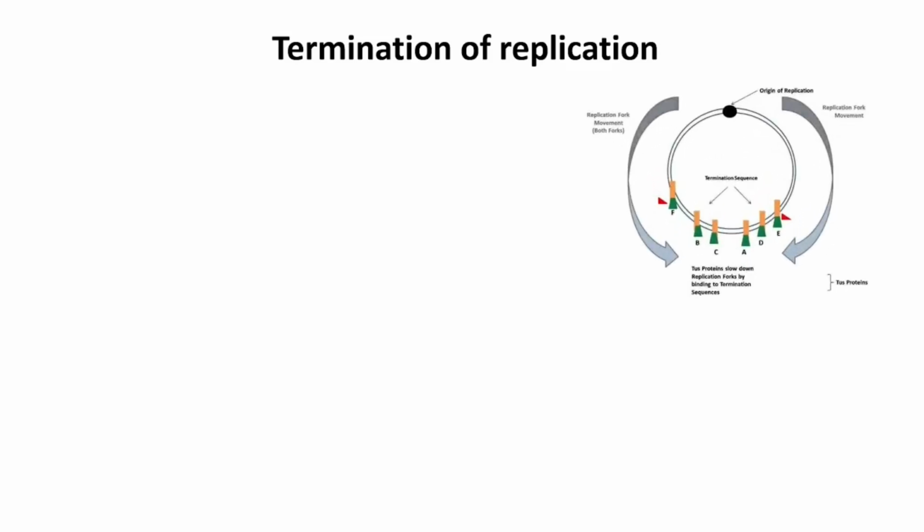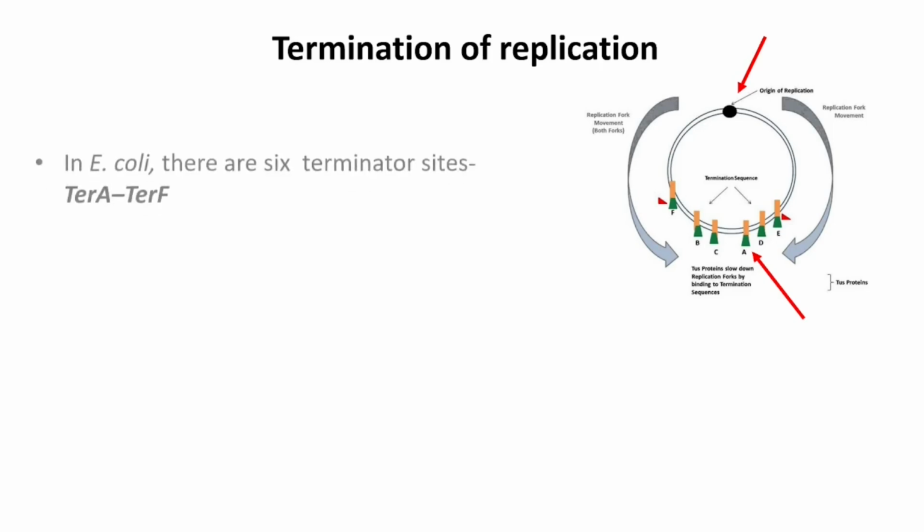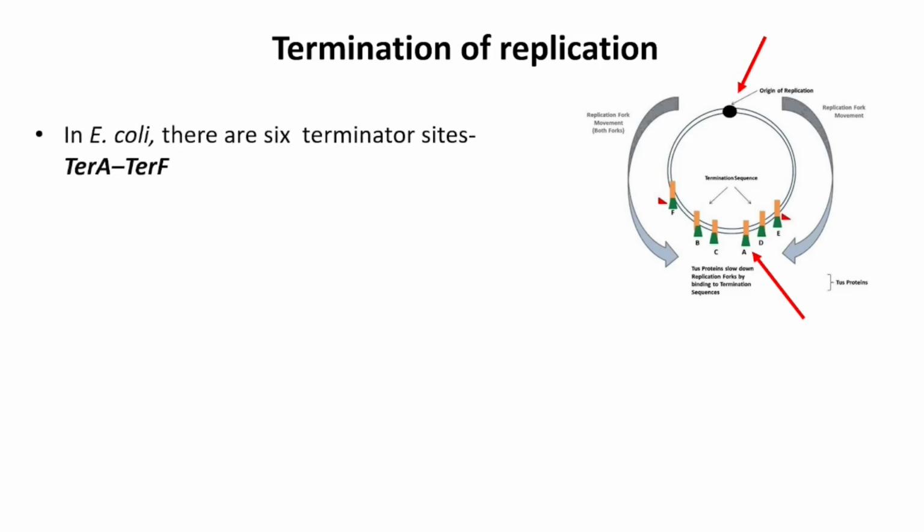Indeed, the termination sites called the ter sites are located diagonally opposite to the oriC. In E. coli, there are 6 well-characterized termination sites: ter A, ter B, ter C, ter D, ter E and ter F, which act as one-way barriers for the replication machinery.